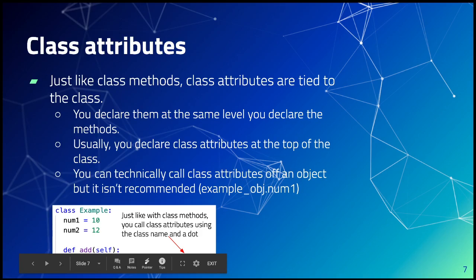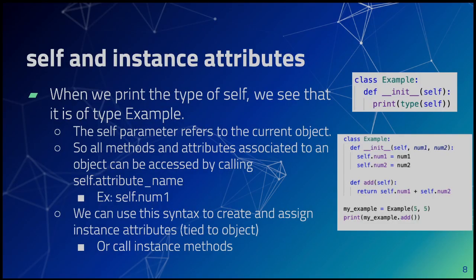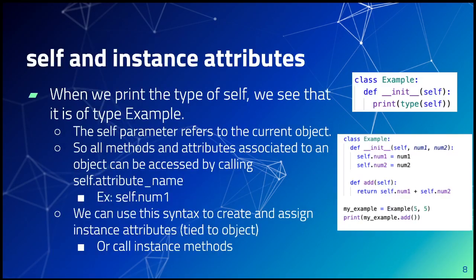But then we could talk about accessing object attributes off of objects. So basically instance attributes. So let's print. The first thing we want to establish is that self is in fact an instance of example. And to do that, we can use the special type function, which you should have learned in intro.